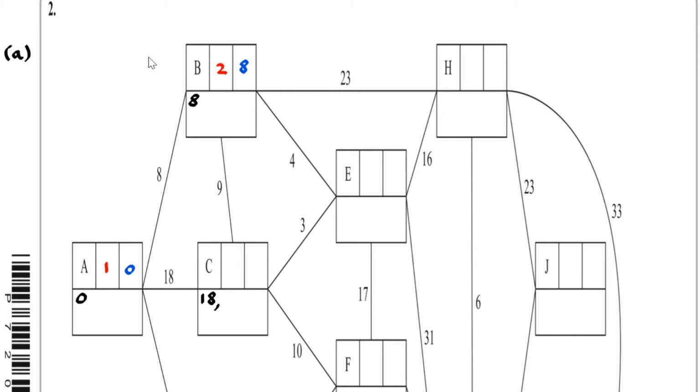So now, taking a look at what comes off B, 8 plus 9 is 17. 8 plus 23 is 31. 8 plus 4 is 12.